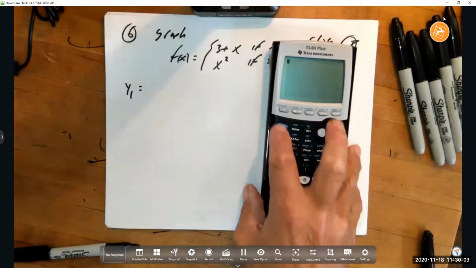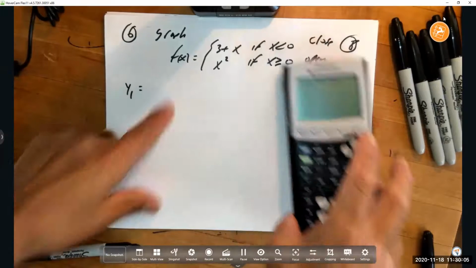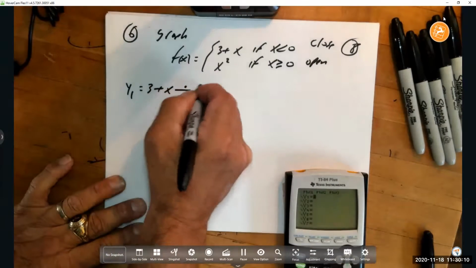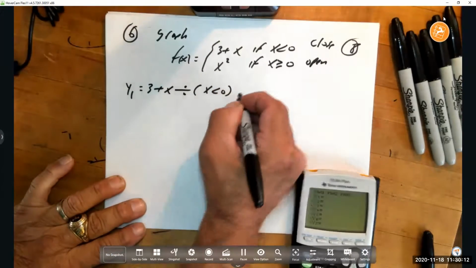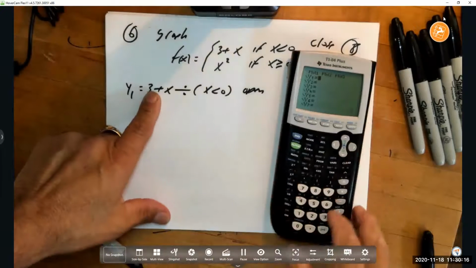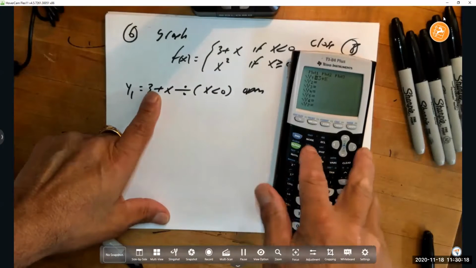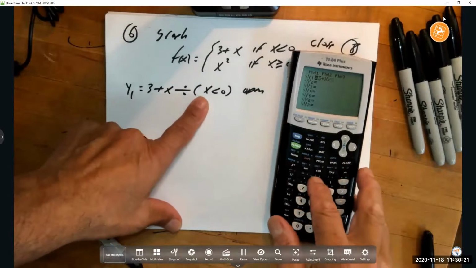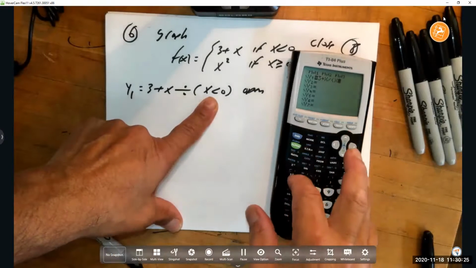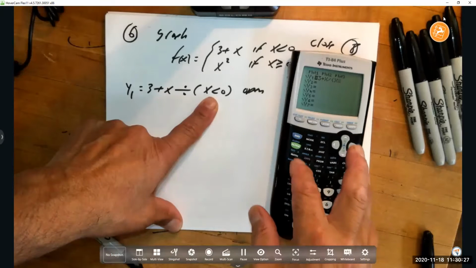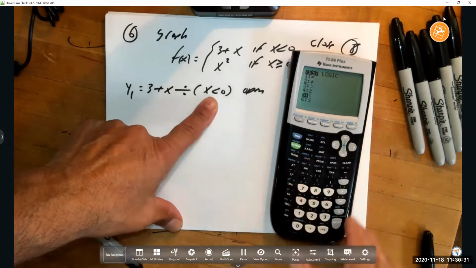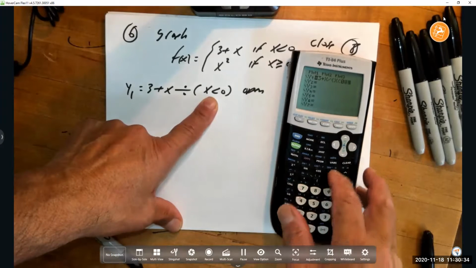Y1 is going to be 3 plus x divided by x less than 0. This is open circle. 3 plus x, divide symbol, parentheses, x, and then you're going to go second math, less than, there it is, and hit graph.